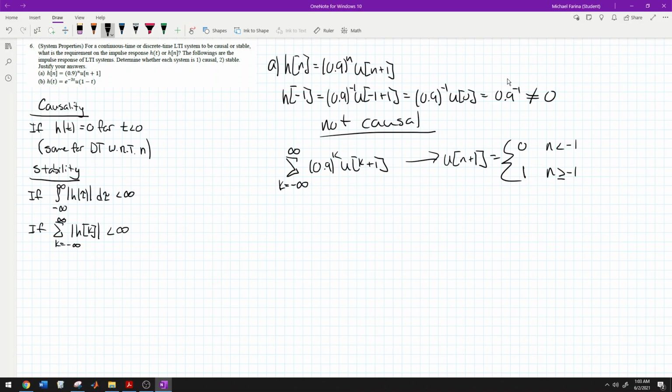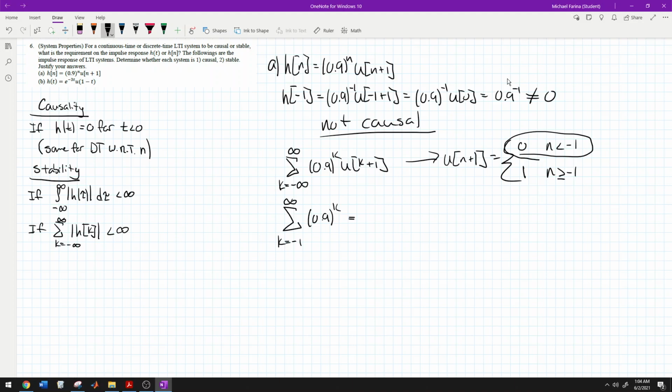Now, we have this criteria right here, so we can rewrite our sum as from k equals negative 1 to infinity of 0.9^k. This is an infinite sum, a geometric series, and we can apply a formula that we encountered already with a little manipulation.